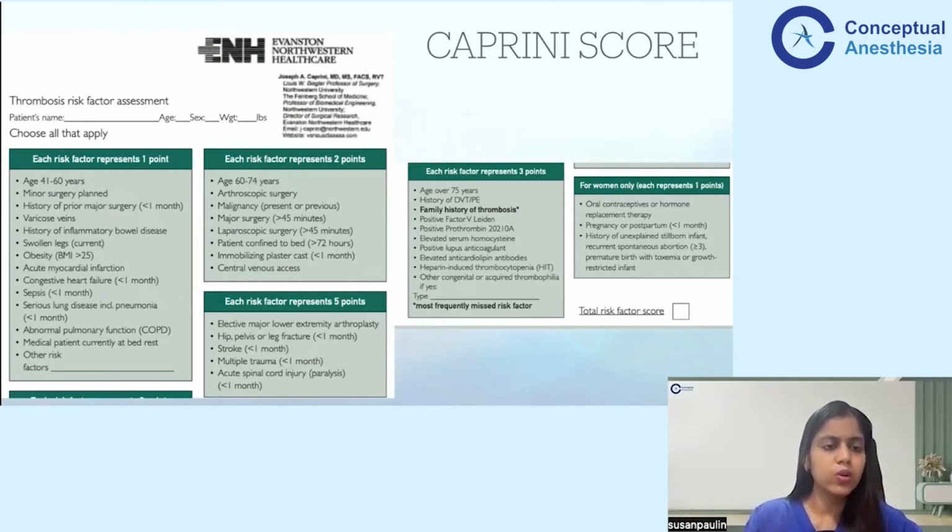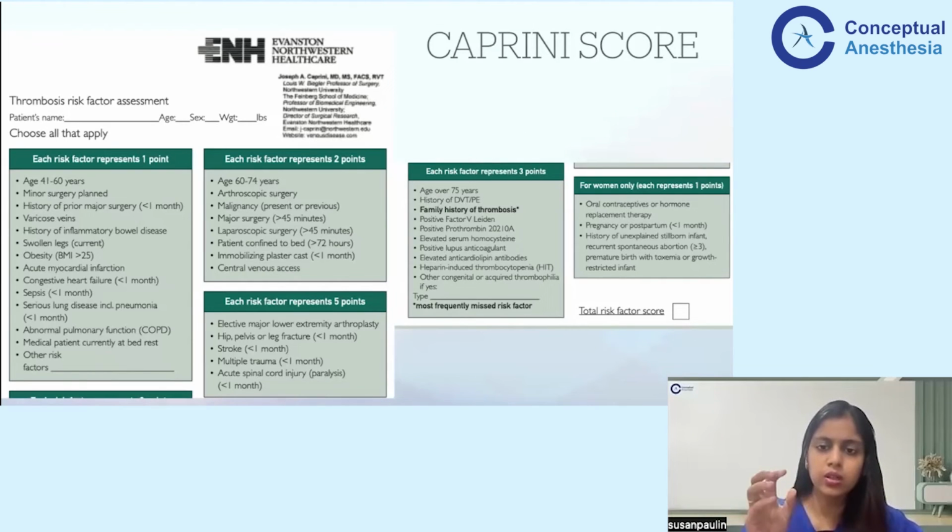You can look through these risk factors and see that age, the type of surgery, preoperative disease patterns or comorbidities, issues such as varicose veins or inflammatory bowel disease, and other concerns such as obesity are all given importance.